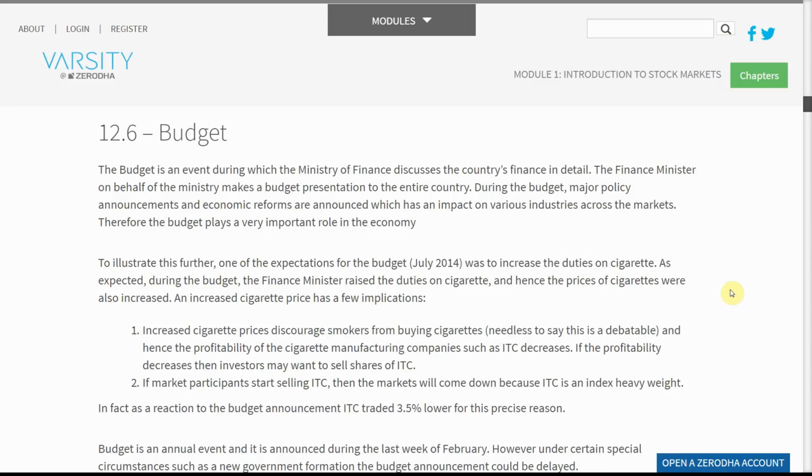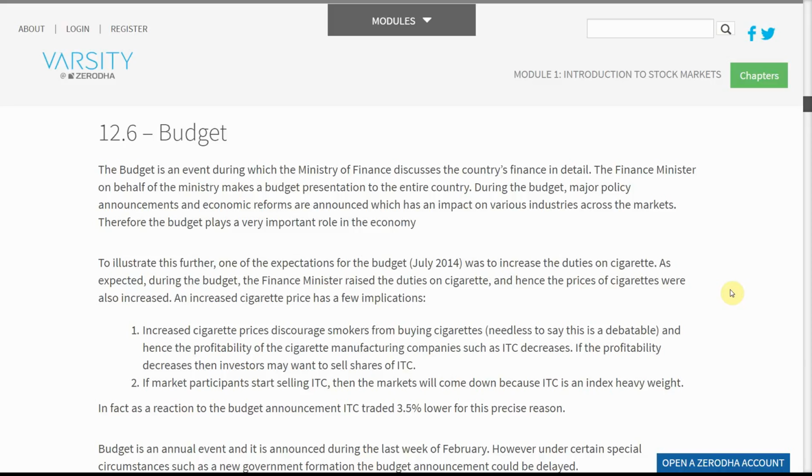12.6 Budget. The budget is an event during which the Ministry of Finance discusses the country's finance in detail. The finance minister, on behalf of the ministry, makes a budget presentation to the entire country. During the budget, major policy announcements and economic reforms are announced which has an impact on various industries across the markets.